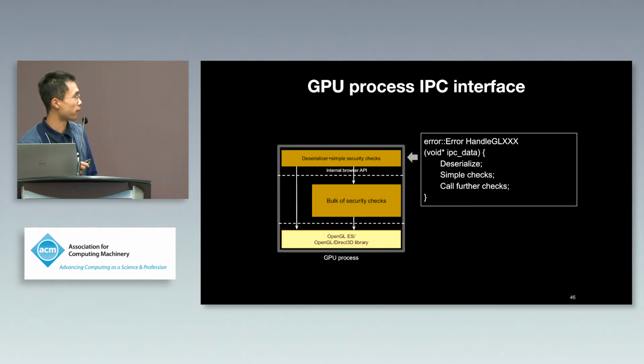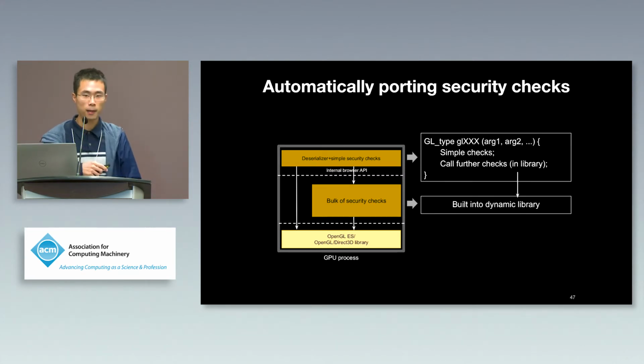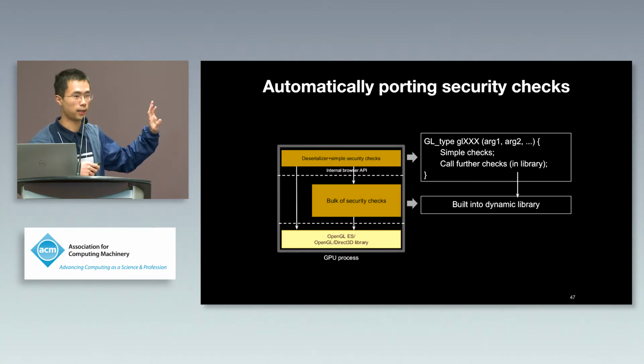So we made a Python script that automatically extracts the deserializer interface for each OpenGL ES API, and we automatically repurpose this interface. We generate this header based on the GLES specification, and we keep the simple checks, such as the numeric check, something we don't want to lose.